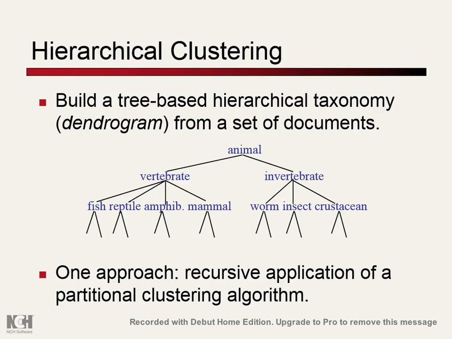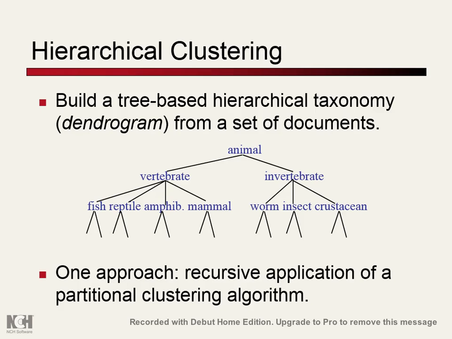Okay, the approach is that you can recursively apply any clustering. So for example, you can first generate two clusters for the whole data, dividing the data into two. And then for each cluster you can use k-means again.